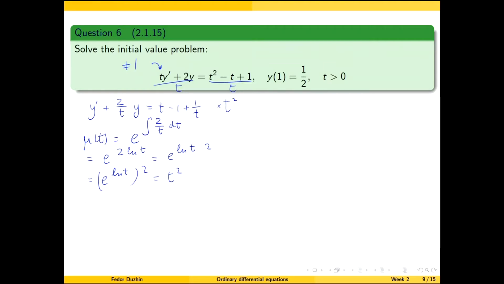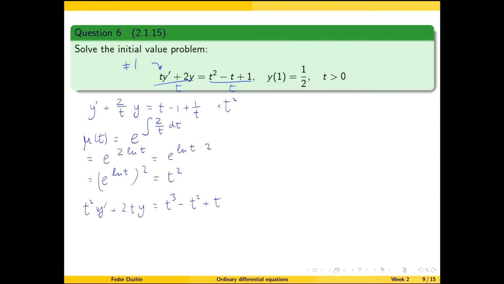Okay, so let's do that. So y prime plus t squared times 2 over t, that is 2t, times y, sorry, I forgot y prime, equals, we are multiplying by t squared, so then t cubed minus t squared plus t.